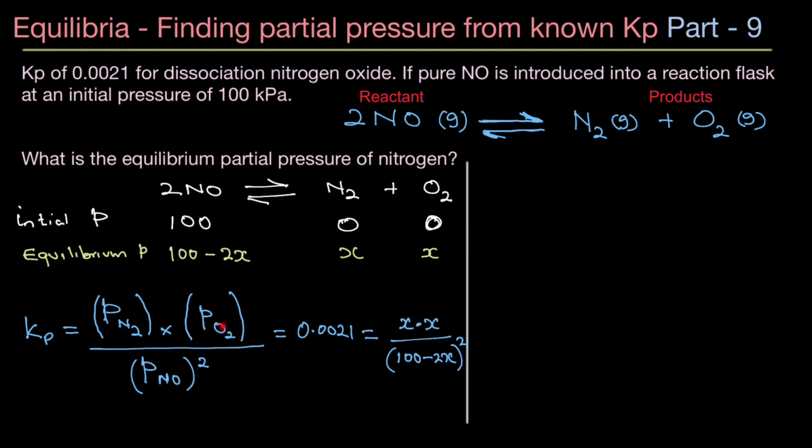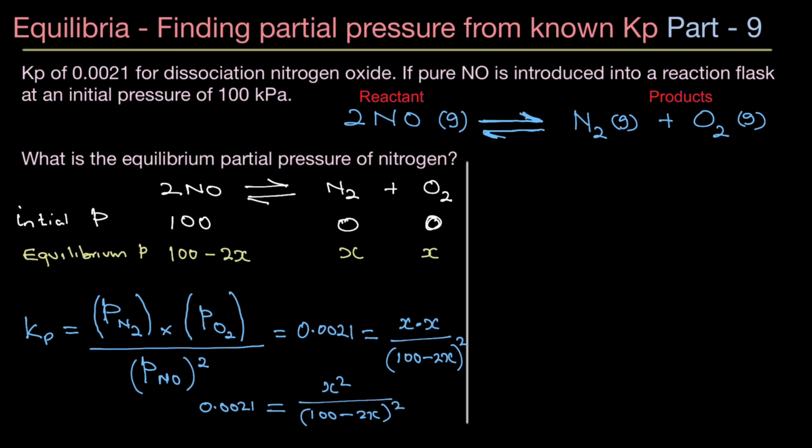I have populated those values. That one is X, this one is X, this one here is 100 minus 2x squared. Because I've got squared here and I have a squared in the numerator, that will be 0.0021 equals x squared, x times x, over 100 minus 2x squared.